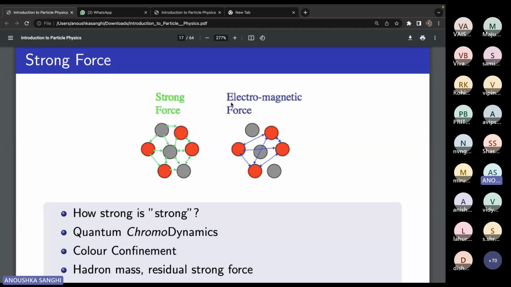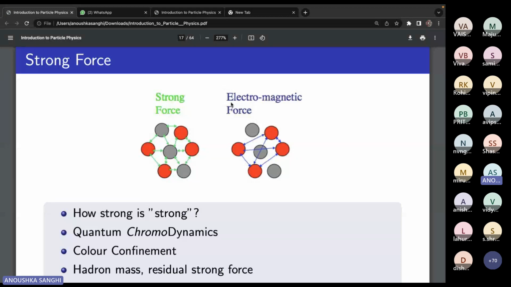No protons would have been bound together, no atoms would have been stable if only electromagnetic force had been there, right? So that's why we need a stronger force, way stronger than electromagnetic force, to hold that many protons, of course, in heavier atoms.